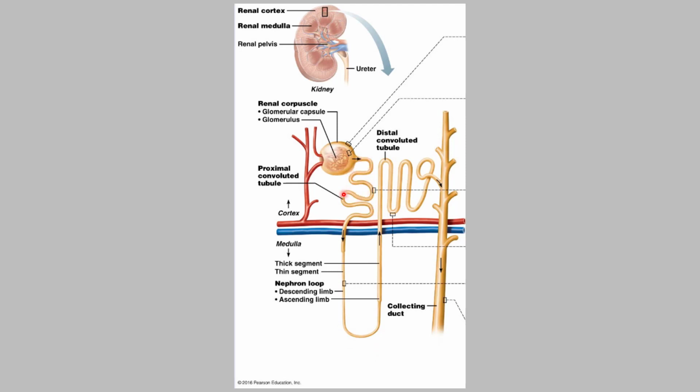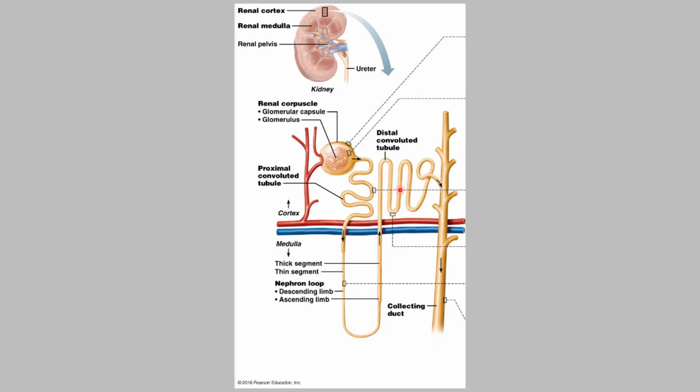Here's our proximal convoluted tubule, the PCT, and here is the loop of Henle, the descending loop and the ascending loop. And here's the distal convoluted tubule, the DCT, and here's the collecting duct at the end. It's just drawn a little bit more realistically with the twisty PCT and the DCT.